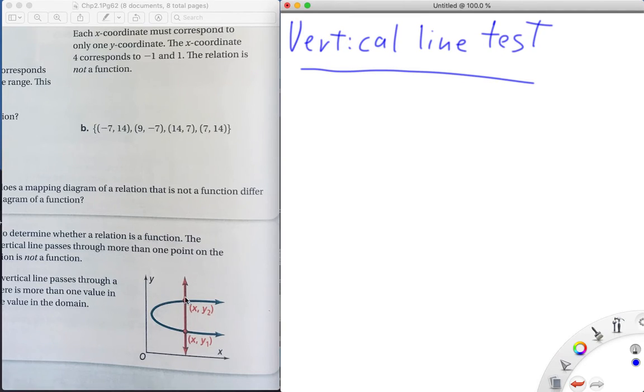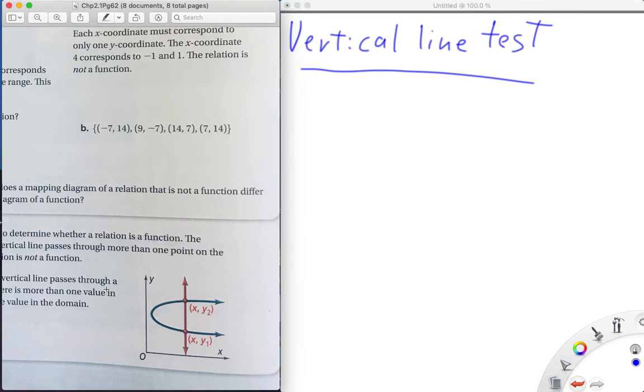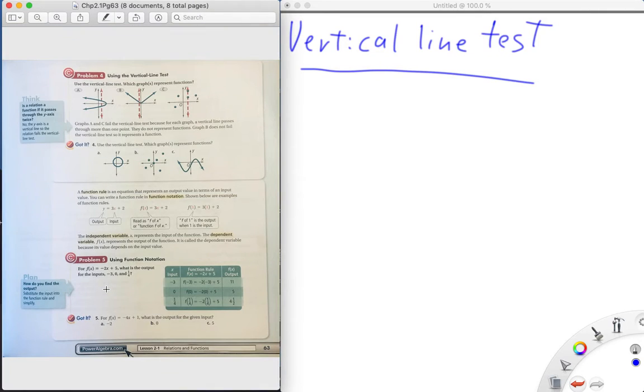If there's a point where it intersects twice, then you don't have a function. This is not a function because I have the same x for two different y's. This is a no-no. The easiest way to do it is to use a pencil. Don't use your finger, because fingers curve and aren't straight. A ruler would work too.